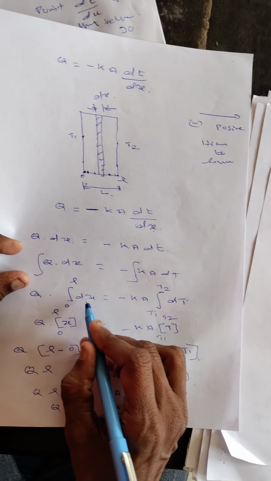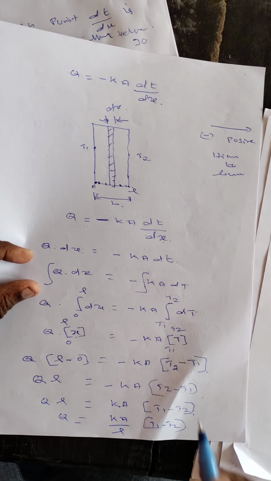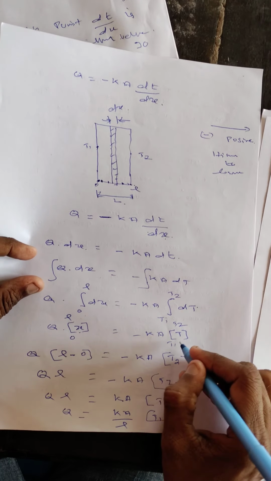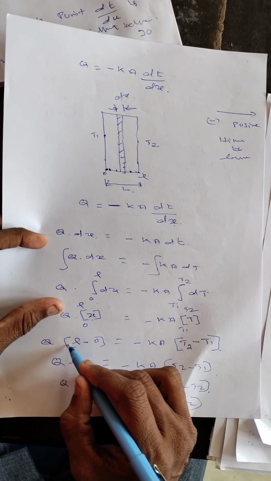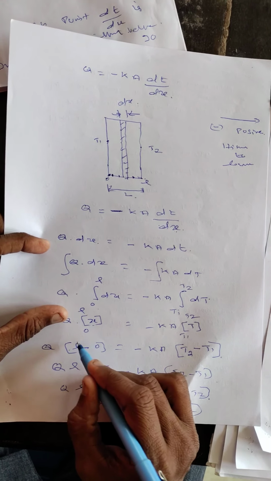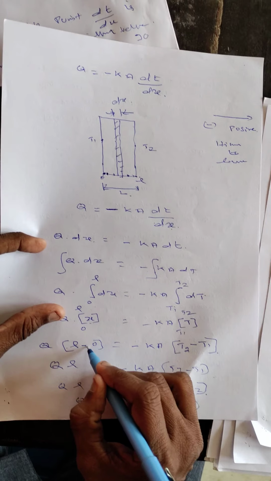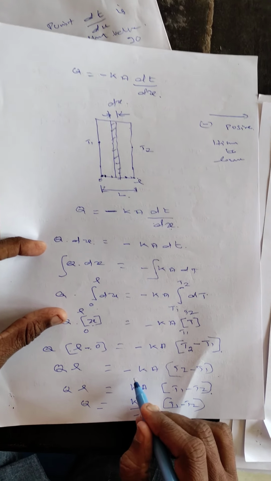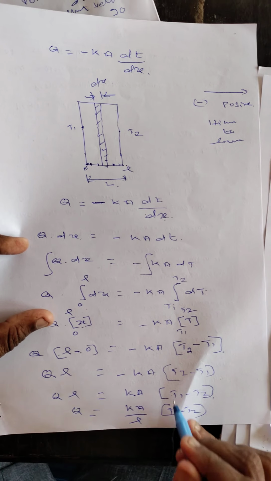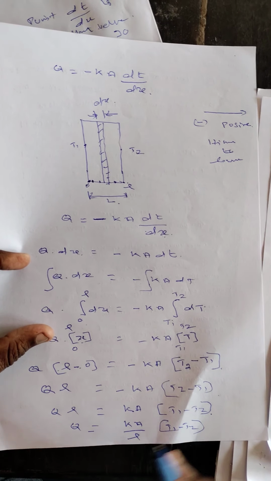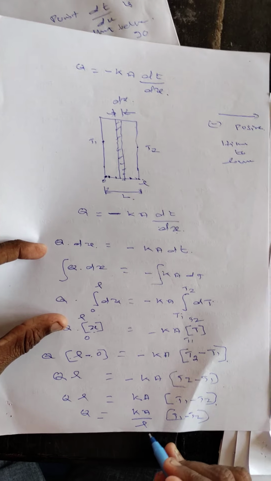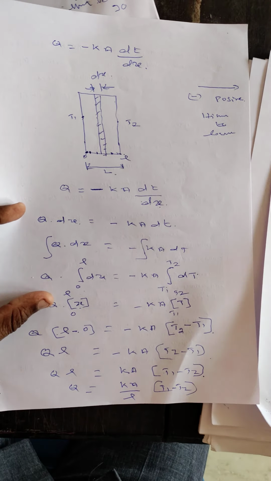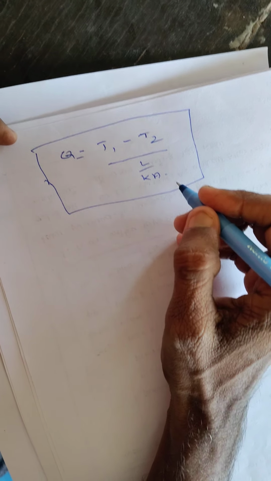When you integrate, dx gives x and dT gives T. Substituting the limits, L minus 0, then minus Ka into T2 minus T1. When I multiply the minus inside the bracket, we get Ka into T1 minus T2. So Q is equal to Ka by L into T1 minus T2. That is the final equation, the amount of heat transferred in a single slab.